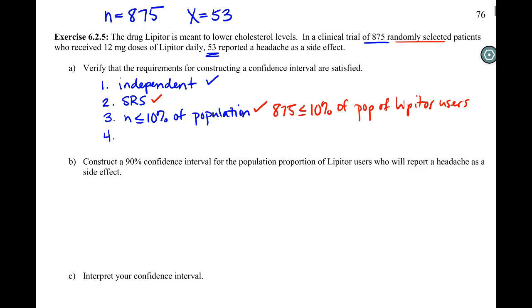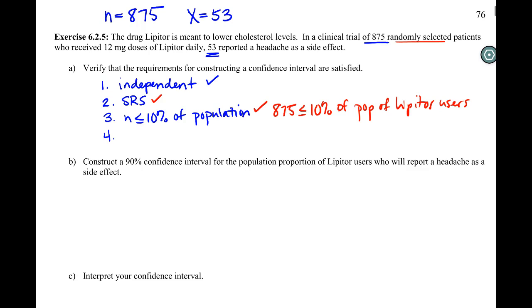I gave an example of this actually in one of my classes on Thursday, and that was if I was going to do a sample of my own statistics students. Well, there's only 150 total of you guys this semester, so if I took a sample of 30 of you, then I'm going to get into trouble because I'm over that 10% or 15 students.